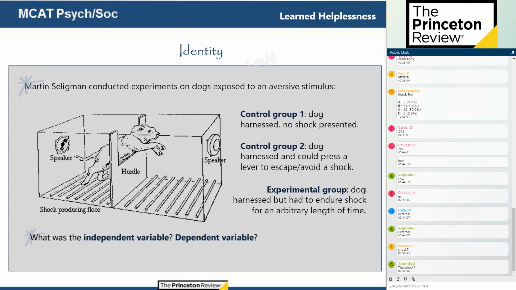Well, there's a couple of things actually. Yeah, whether or not there was a shock, that was manipulated. What was the other thing that was manipulated? Yeah, whether the dog was harnessed or not.